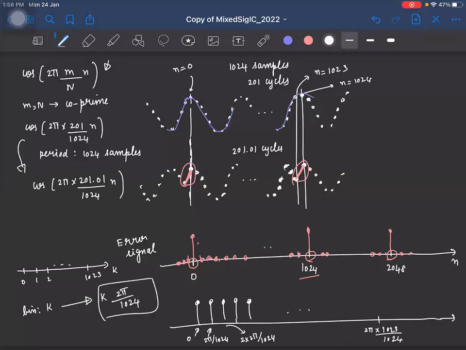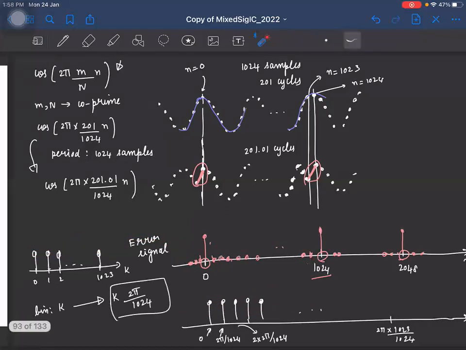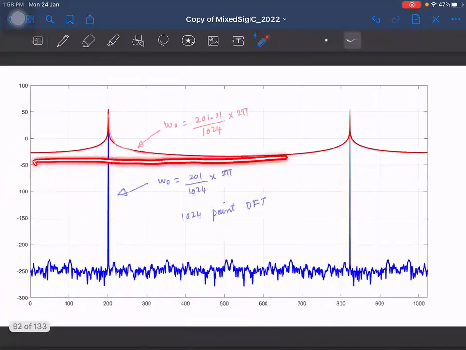So essentially, when you take the 1024 point DFT, these impulses will appear here, and they will occupy all the frequency bins in the DFT. Because of this, when you plot the DFT, we'll have this flat portion in the spectrum. That is why we have this flat portion here in the spectrum.